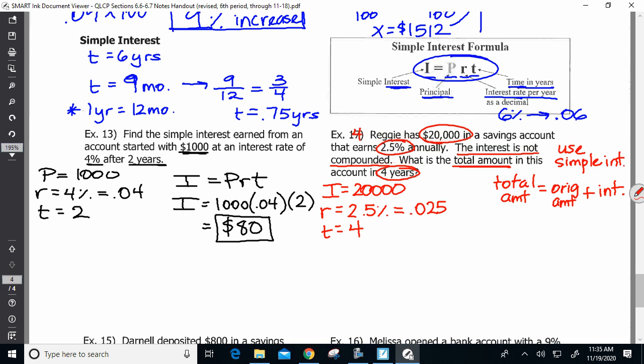So, we know that the original amount was $20,000. So in order to answer their question, we need to know the interest. That's cool. We have a formula for that. P times R times T. So we have 20,000 times 0.025 times 4.